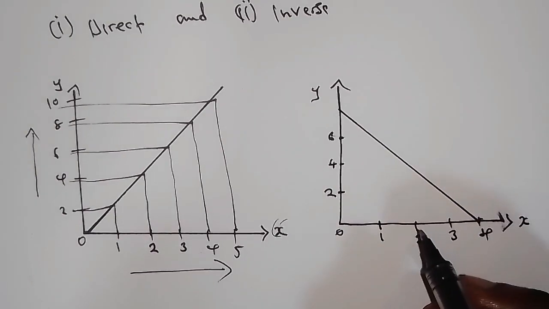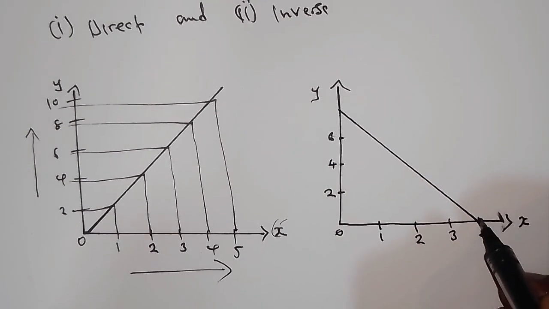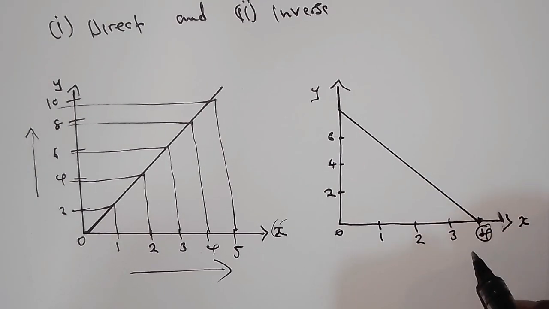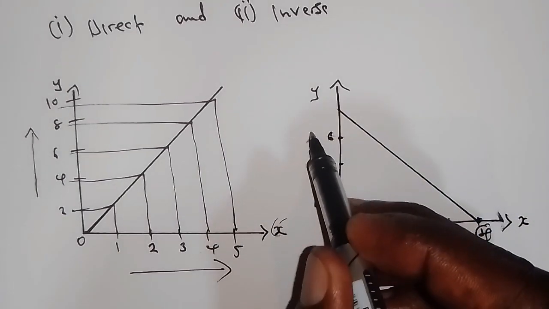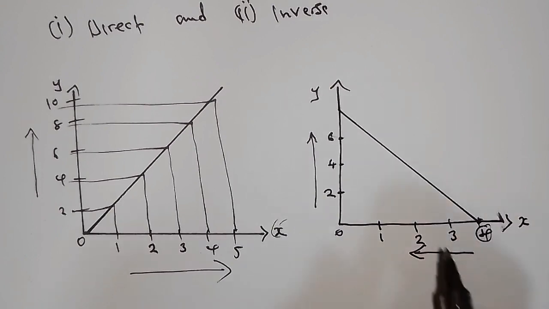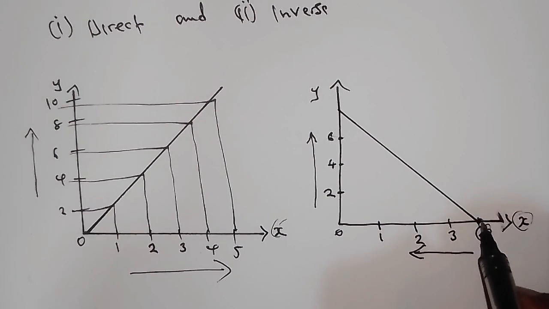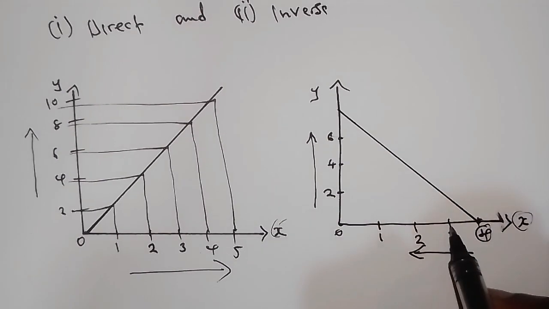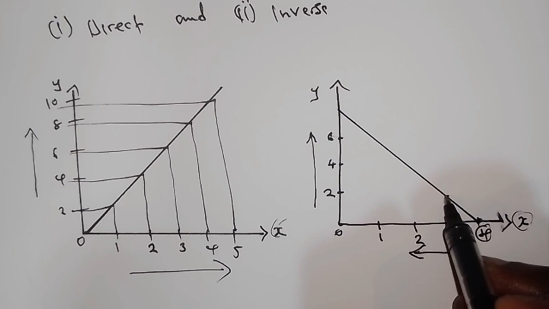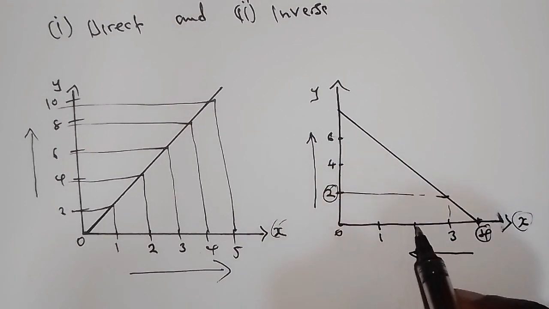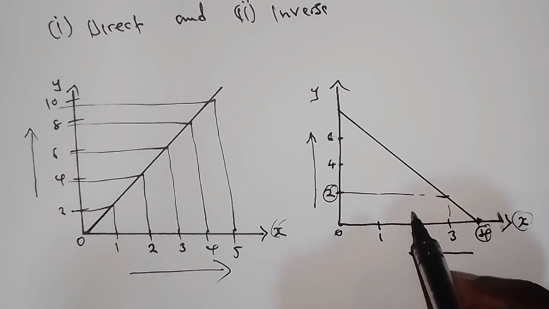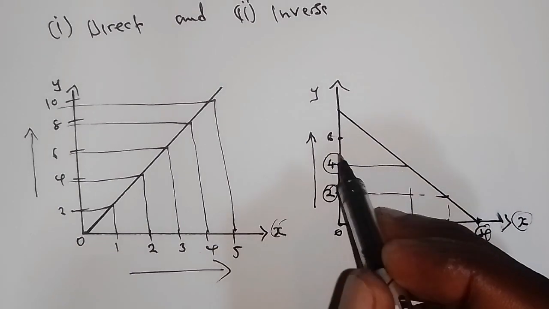So now what happens is that as the values of x keep on decreasing, the other value keeps on increasing. So if you look at it in terms of x variable, when x is 4, y is 0. When x is 3, y is 2. When x is 2, y is 4.